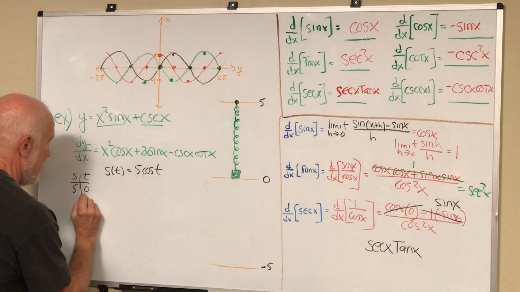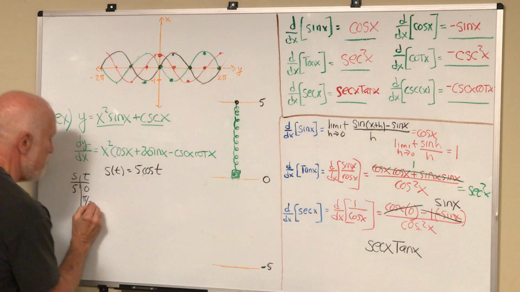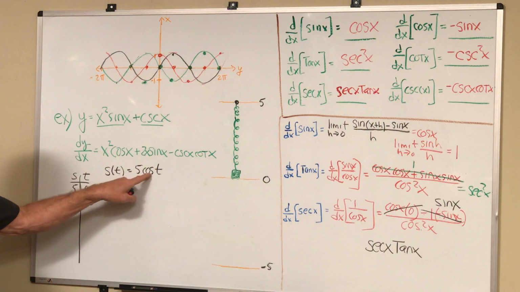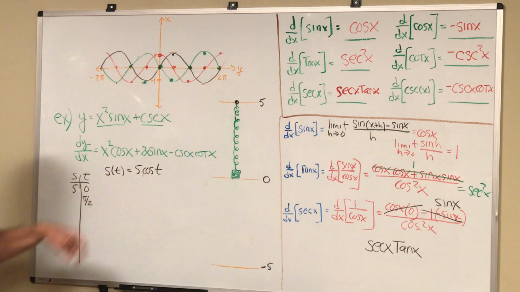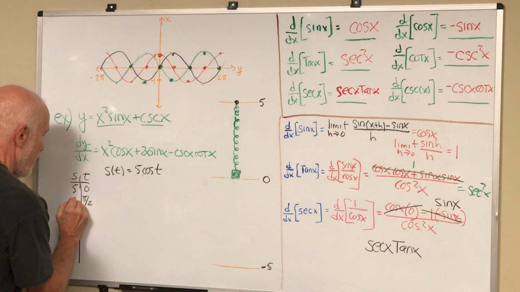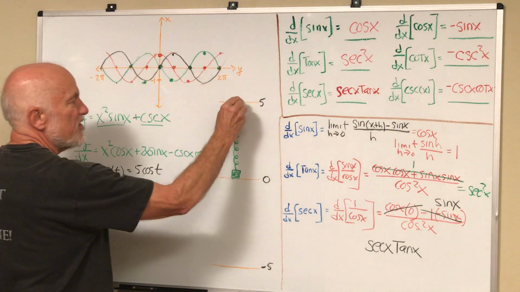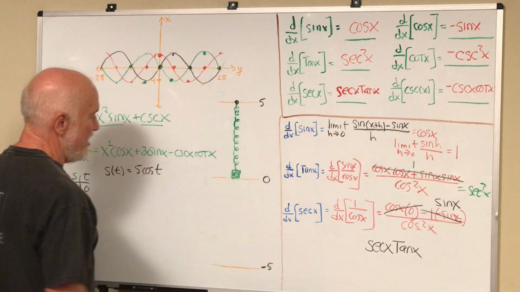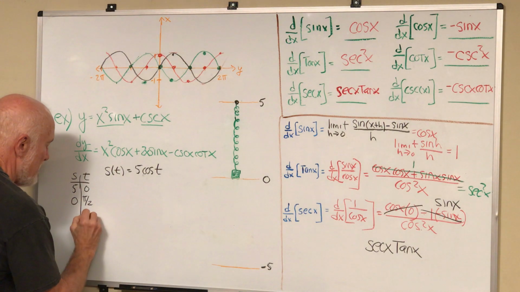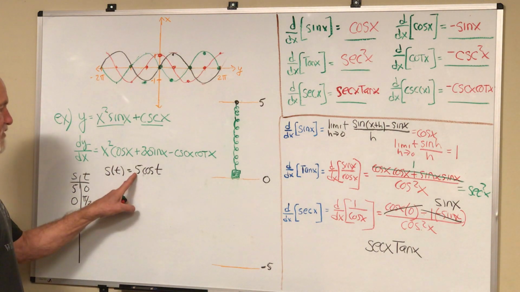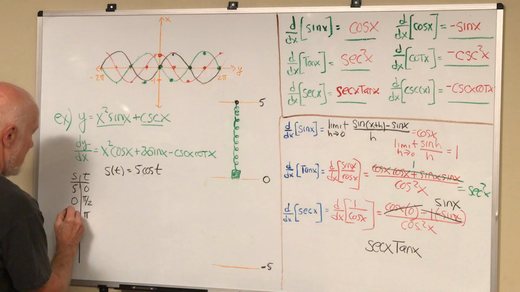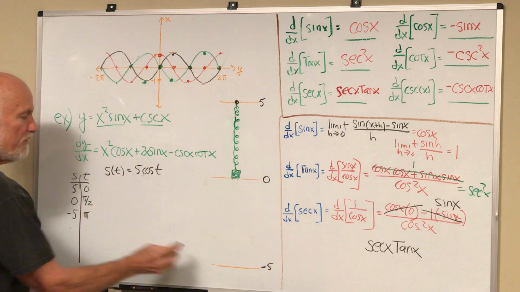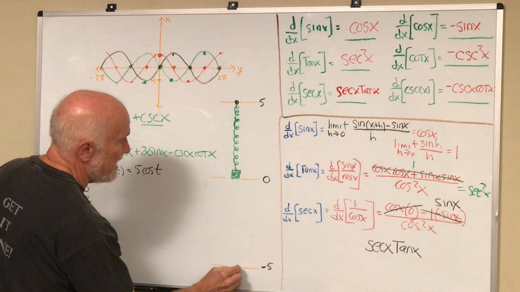And then at time pi over 2, the cosine of pi over 2 is 0, so the position is going to be 0. So the spring is going to start here, and then go to here, and then when t gets to be pi, 5 times the cosine of pi is going to be -5, and it's going to end up down here.